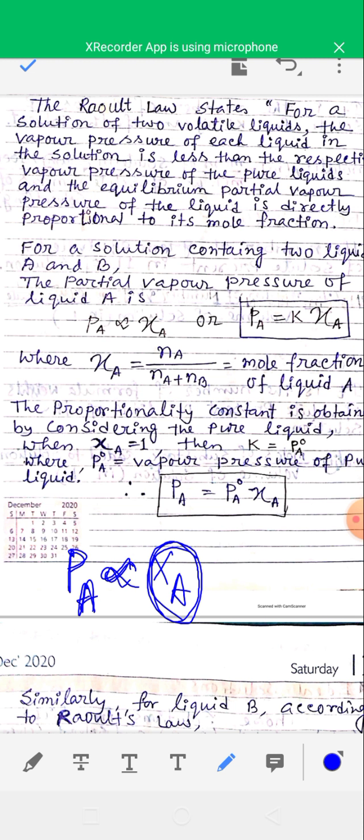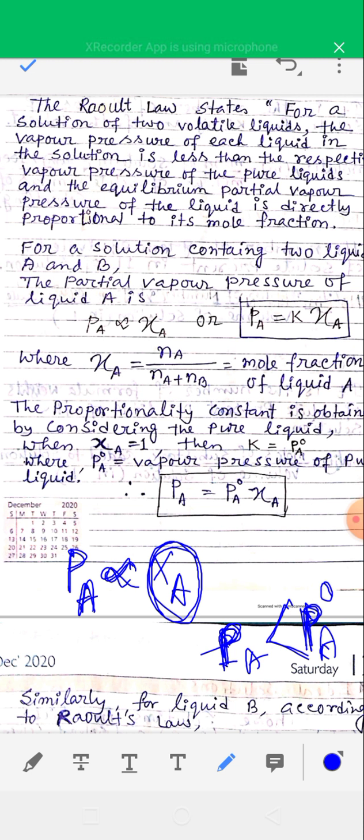And remember that the vapor pressure of a liquid in solution is always less than the vapor pressure of the pure liquid. Suppose the vapor pressure of pure liquid A is Pa naught and the equilibrium vapor pressure of A in the solution is Pa, then Pa is less than Pa naught.